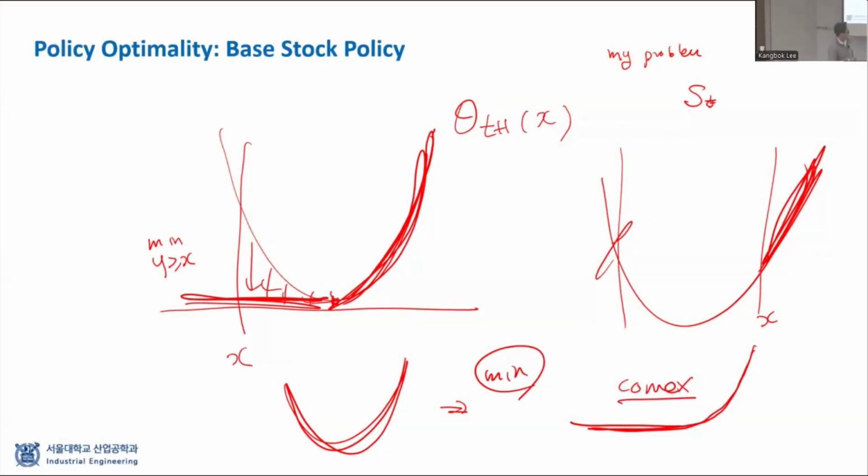This is an important proof technique, so we're going to revisit this technique once again when we go to the second case. So we have done with this, and we realize that the base stock policy is optimal for every period up to the final horizon.